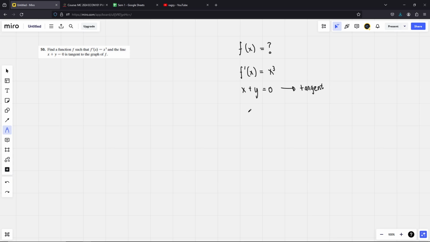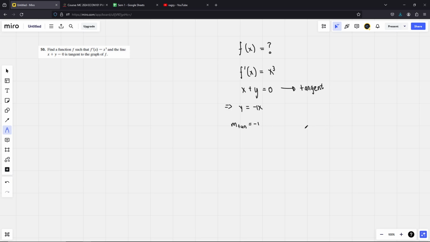Now notice that I can rewrite this tangent line as y is equal to minus x. Now why would I do that? Well, notice that in front of the x we have the slope of the tangent line. So we can say the slope of the tangent is minus 1.